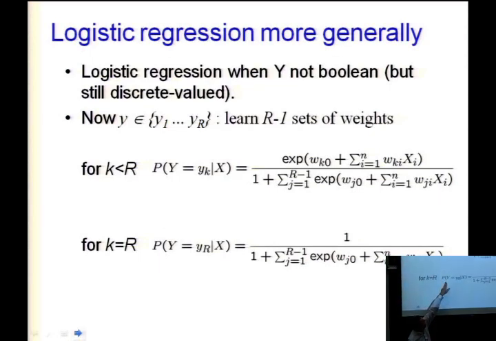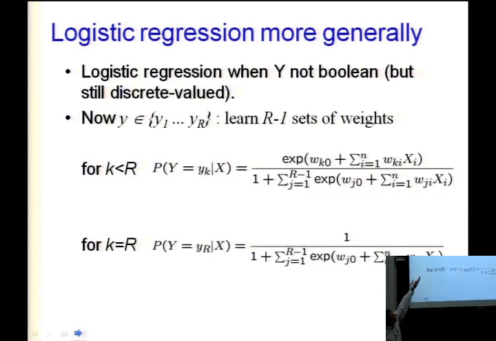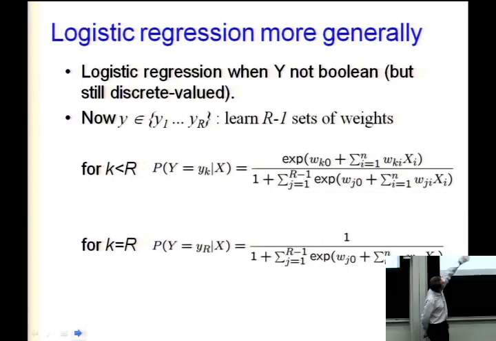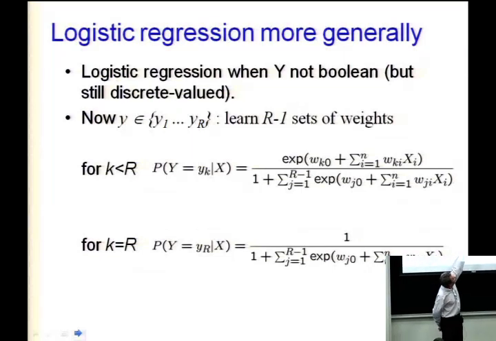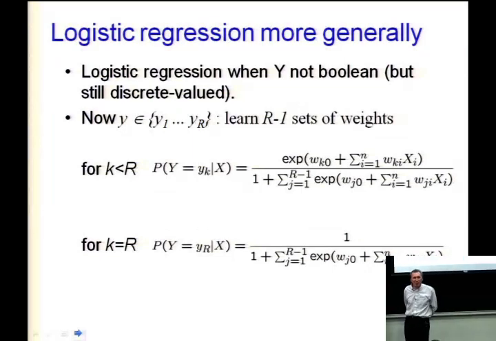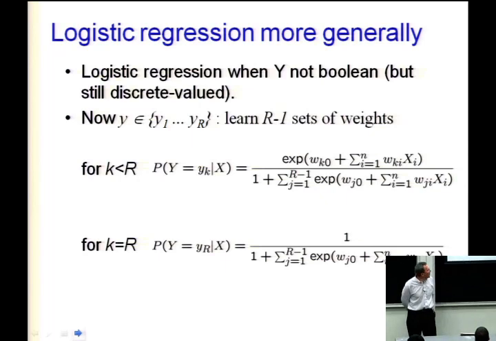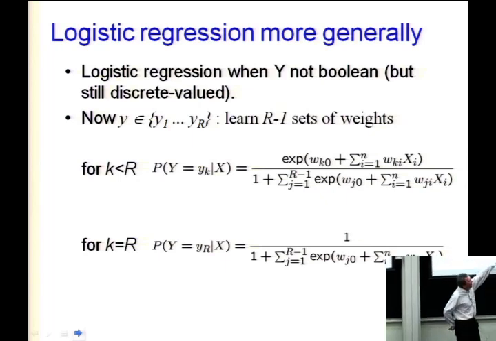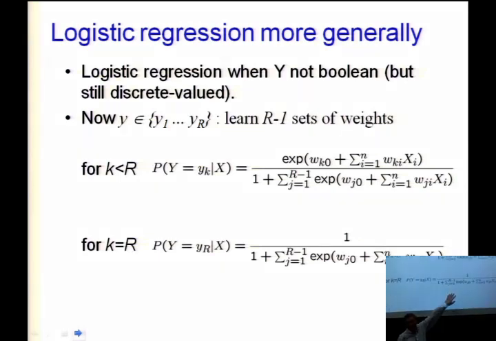Now we have to have a different expression for each y that it can take on. Suppose it can take on values from y sub 1 up to y sub r. Then for all but one of them, it's the topmost expression. And for the last one, because all these probabilities must sum to 1, it looks different.